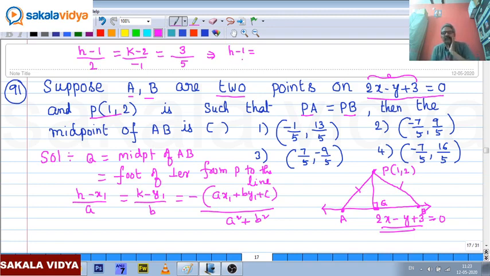One thing, we are getting calculation mistakes here. I will check once again.